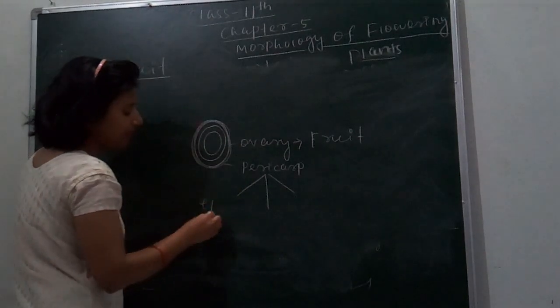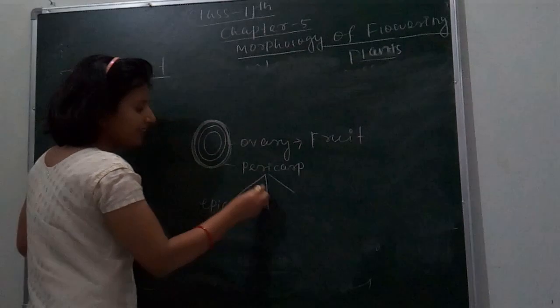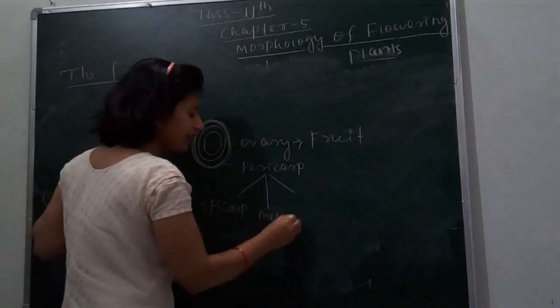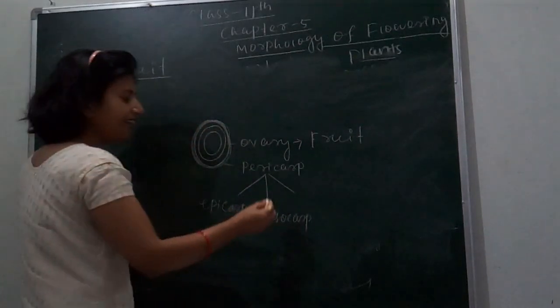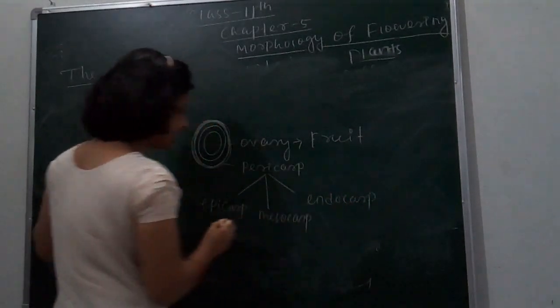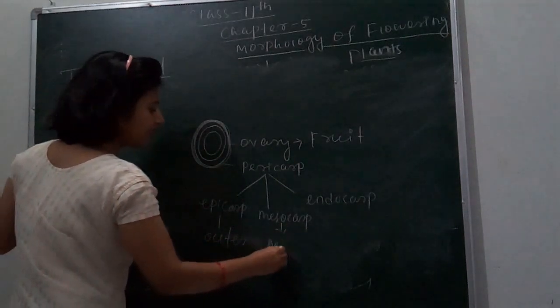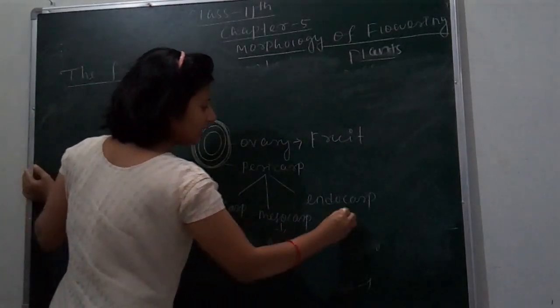Next is mesocarp, the middle layer. And next is endocarp, the inner layer. This is the outer layer, this is the middle layer, and this is the inner layer.